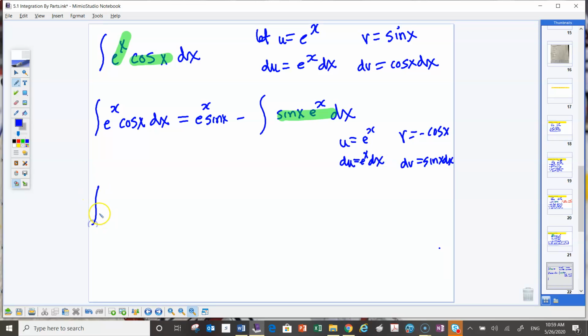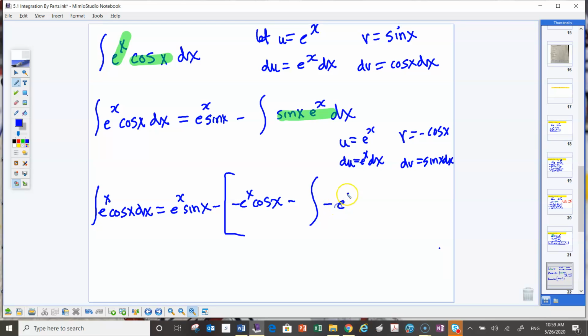So again, I get my original question equals e to the x sine x minus, now doing integration by parts on the highlighted part, u times v, so negative e to the x cos x, minus the integral of v du, which is negative e to the x cos x dx.